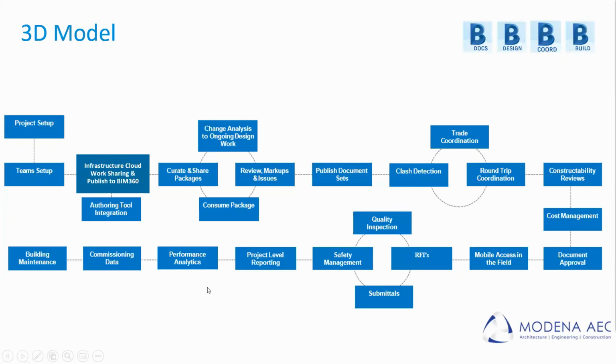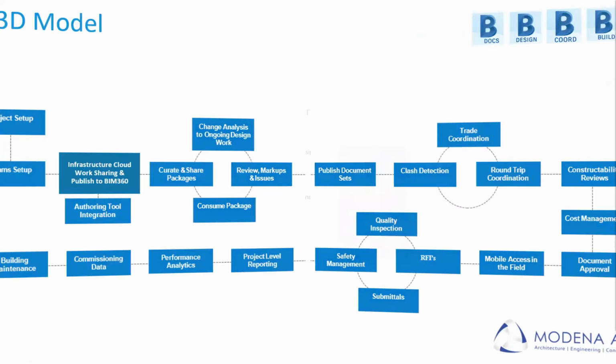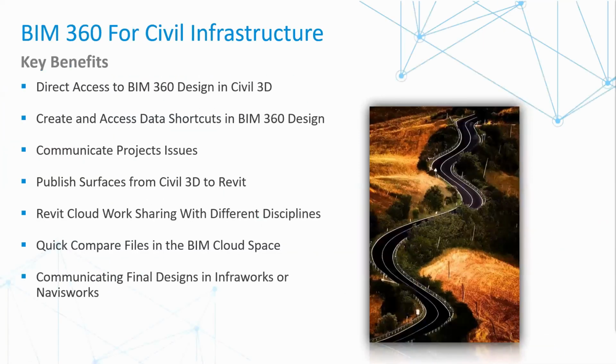So this is actually the strongest point of BIM360, and that's what we're going to discuss today. So just to make it very clear, in the previous selection, I am going to explain BIM360 Design today. So this is the package which is more utilized by us as civil infrastructure engineers.